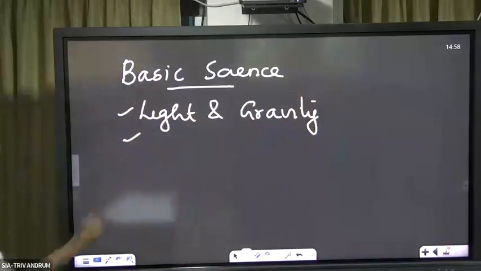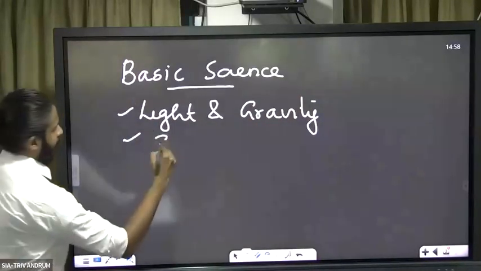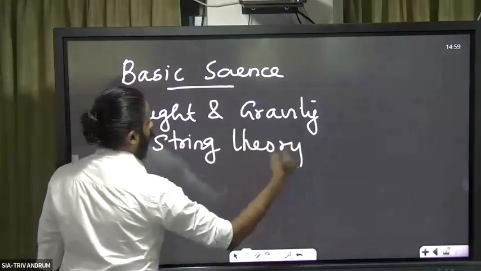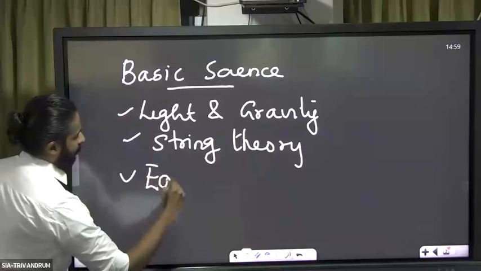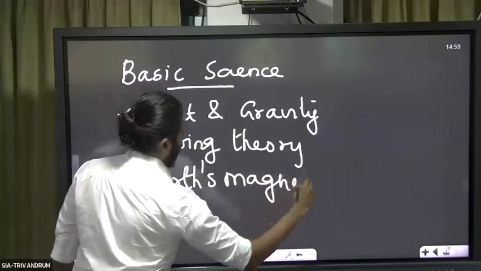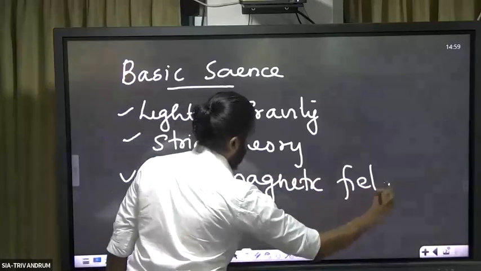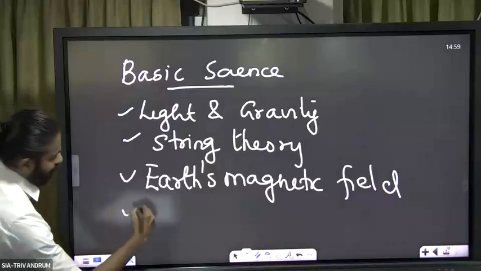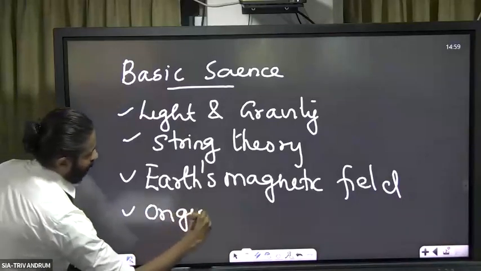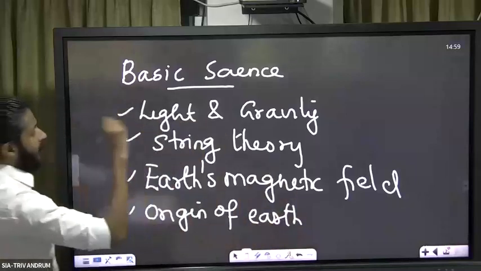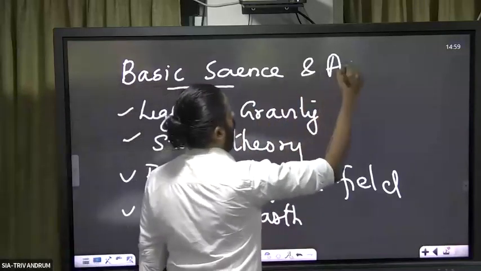So light and gravity, string theory, Earth's magnetic field, origin of Earth. I'm mixing basic science and astrophysics. Okay.